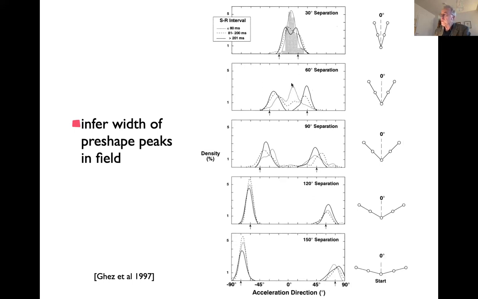So for very fast choices, we have averaging, and then the peaks emerge. Now it's really going from averaging to bimodal. So that's exactly what I showed you about the time course of saccadic decision making, now observed in hand movement, and the time course is observed here by manipulating it with this intuitive signal.